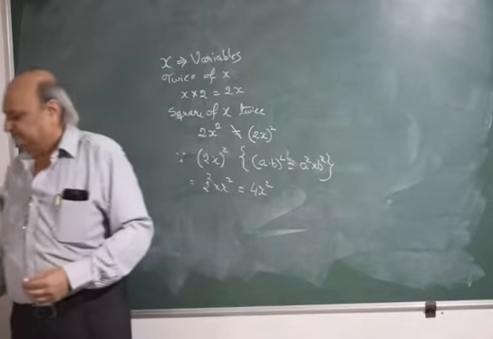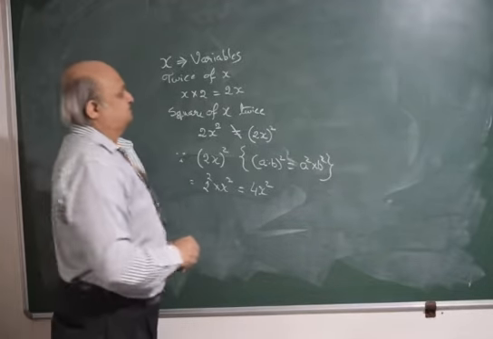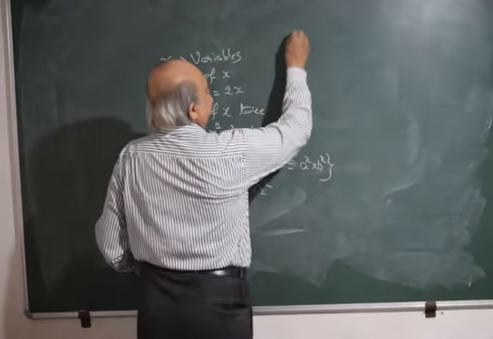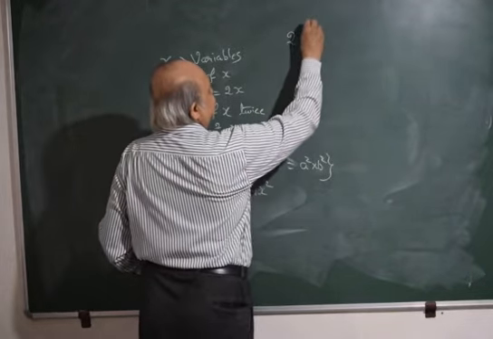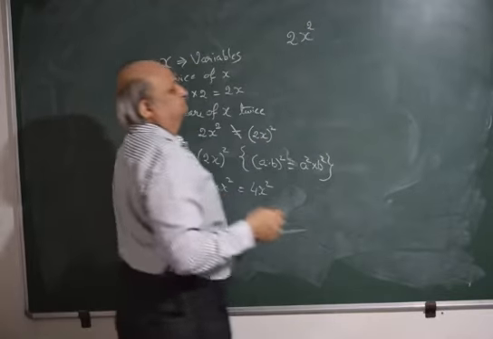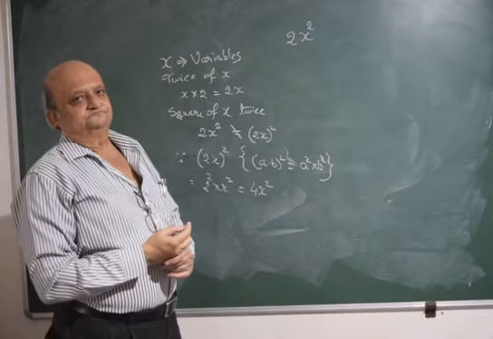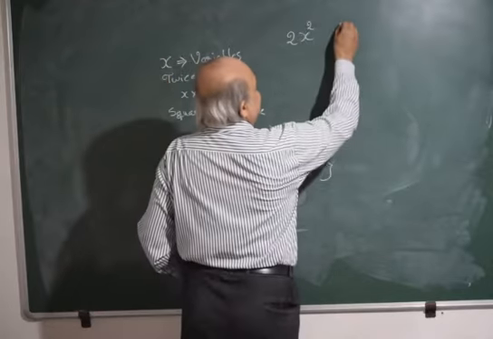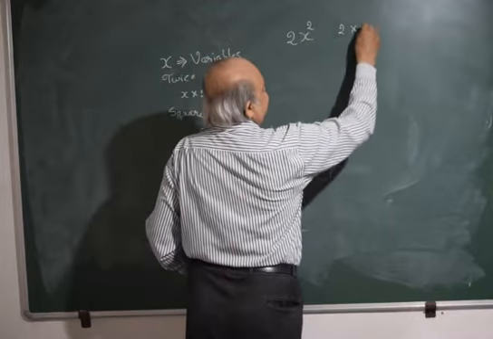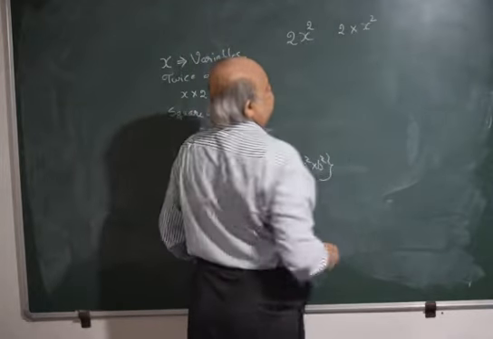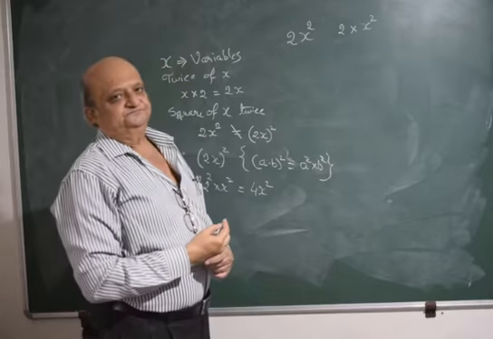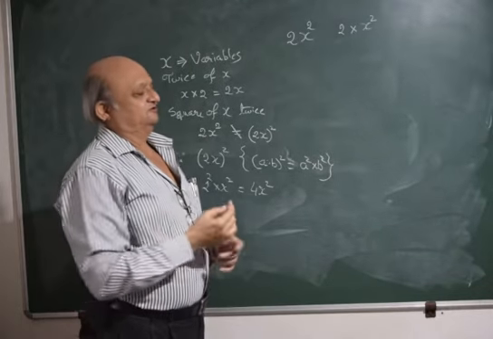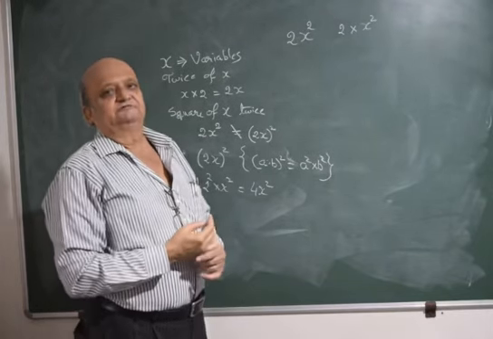Now let us take up this term 2x square. It is 2 into x square. Yes, we know this. Then why are we doing it again?